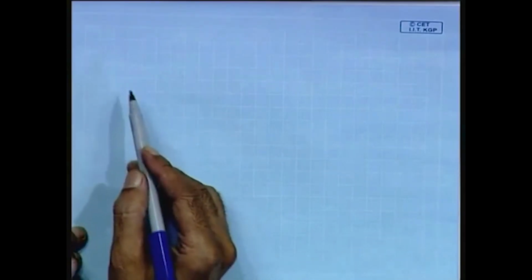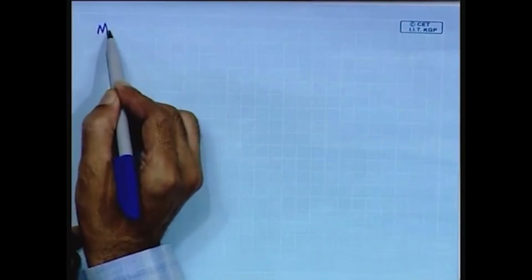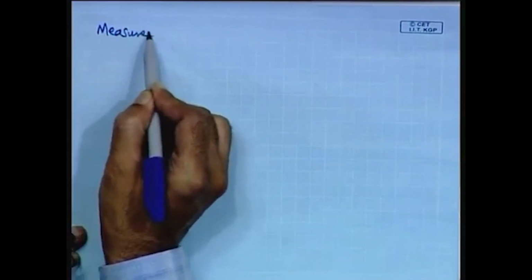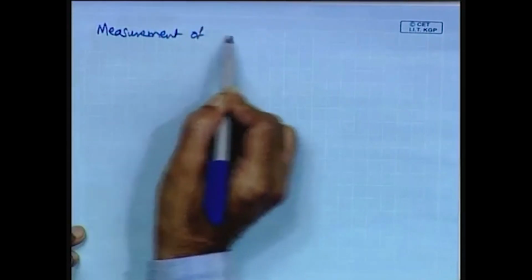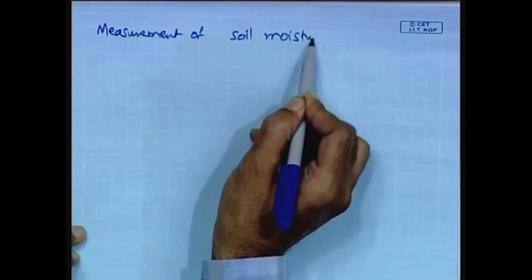Basically, it just pulls the water which is held. That is the measurement of soil moisture.